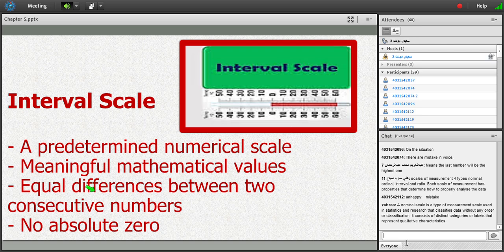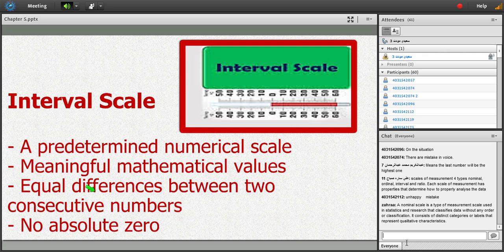So the difference between the consecutive numbers is the same. So here we have 10, from 0 to 10, 10 to 20, 20 to 30. So here, the more it is, the higher that characteristic is. And also, at the same time, we have equal differences.